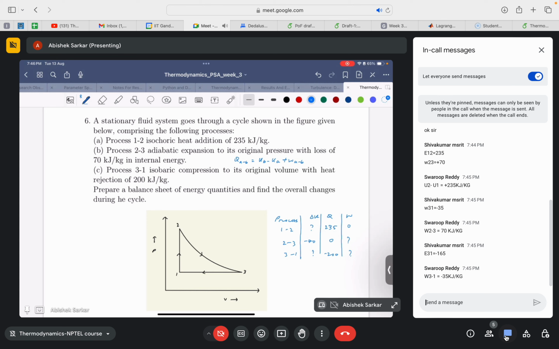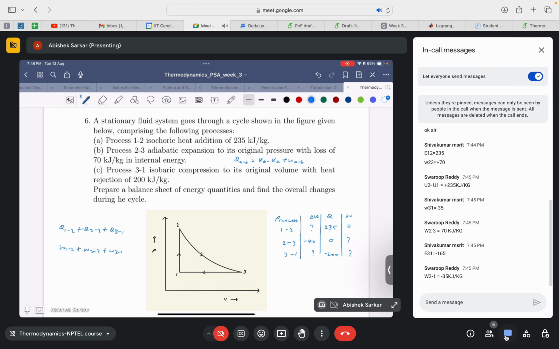Okay. What I'm trying to say is, just find Q1 to 2 plus Q2 to 3 plus Q3 to 1, and then W1 to 2 plus W2 to 3 and W3 to 1, and just tell me whether they are equal or not.